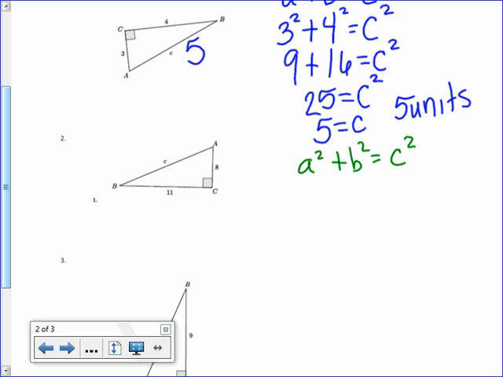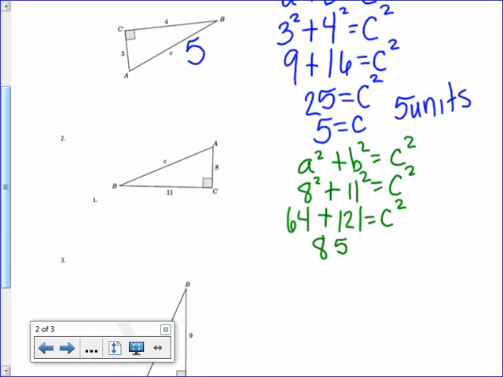What number are we going to substitute in for A? 8 squared plus what number are we substituting in for B? 11 squared equals C squared. 8 squared is 64. 11 squared is 121 equals C squared. 64 plus 121, do it mentally. 4 plus 1 is 5. 6 plus 2 is 8.